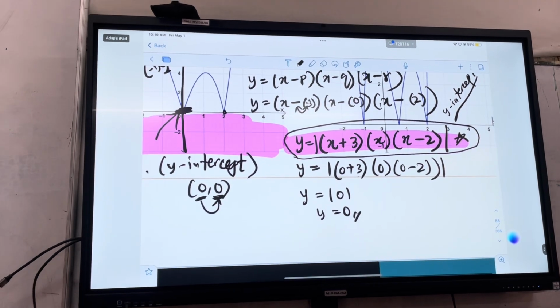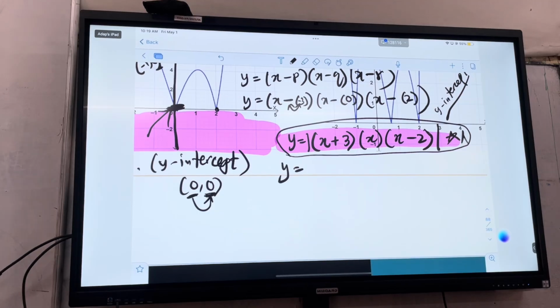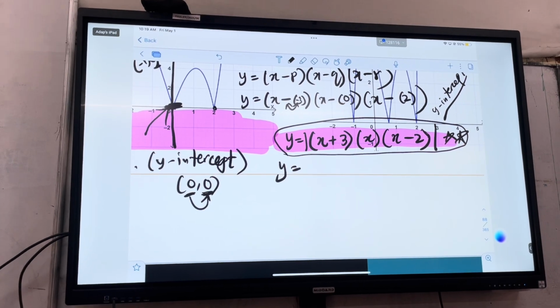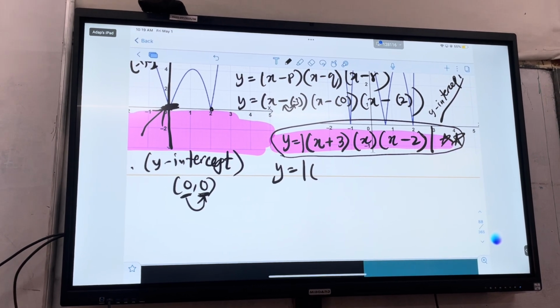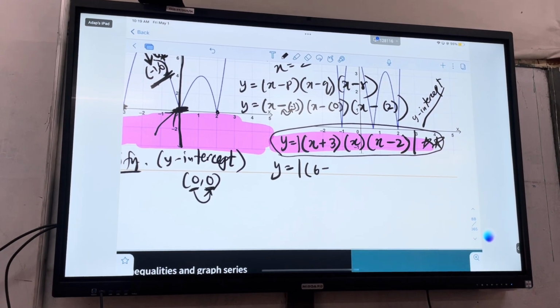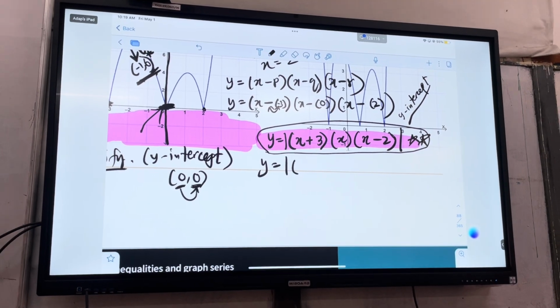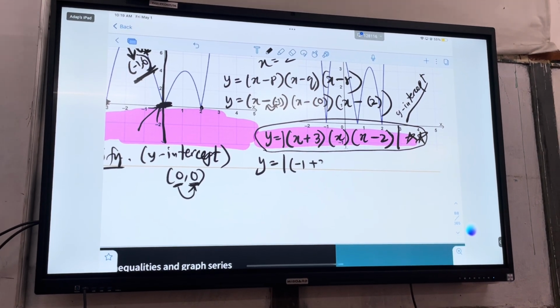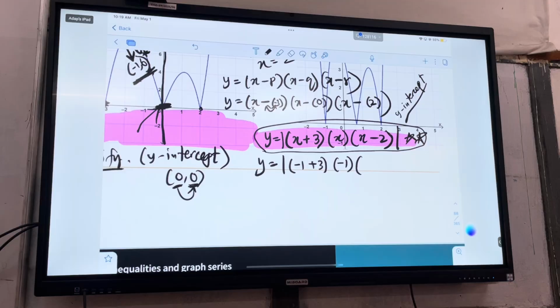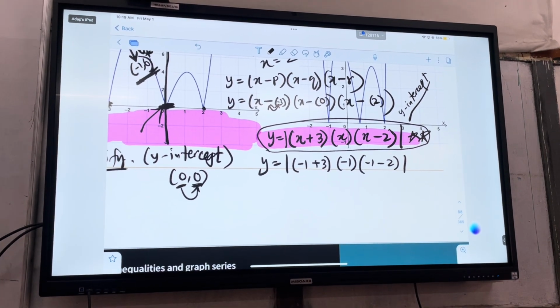Since we concluded that this is the equation, I want to check. According to this pair here, in place of x, when I replace it by negative 1, my answer should be what? Positive 6.